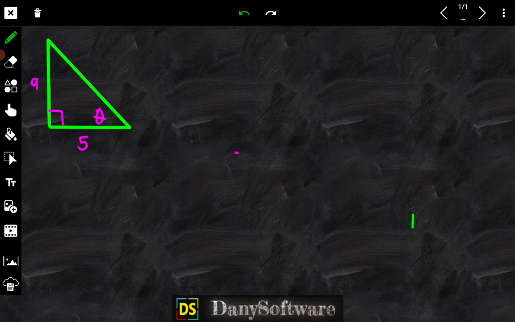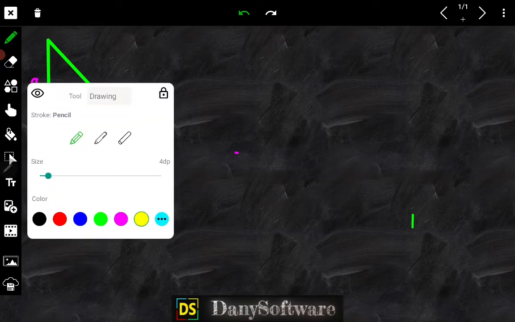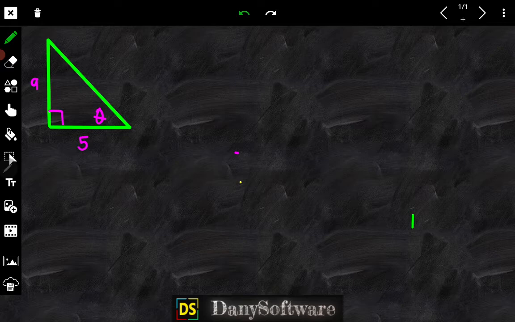Lagi nating unahin ang hypotenuse para hindi tayo nalilito sa adjacent. So, ang hypotenuse natin, since andito yung right angle natin, therefore, yung katapat niya is the hypotenuse. So, mapapansin nyo, hindi given yung hypotenuse. Unknown siya.